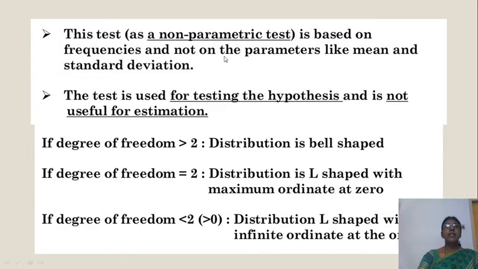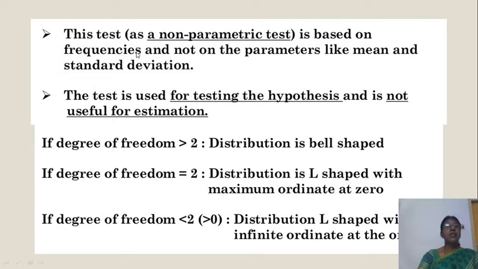This test is based on frequencies and not on parameters like mean and standard deviation. The t-test depends upon mean differences, and the F-test depends upon variances, that is, standard deviations.